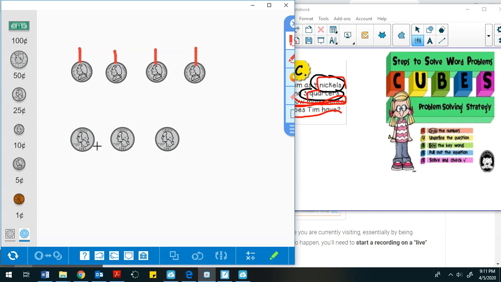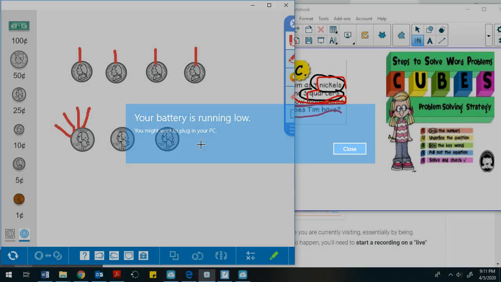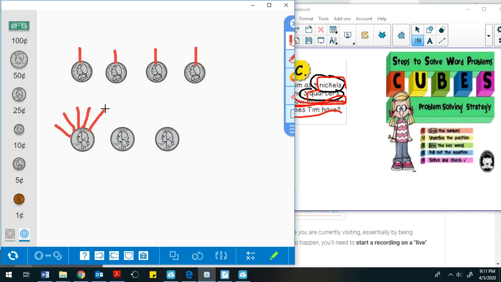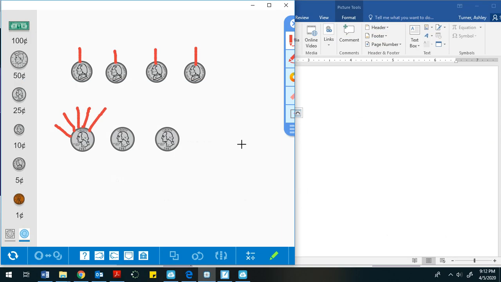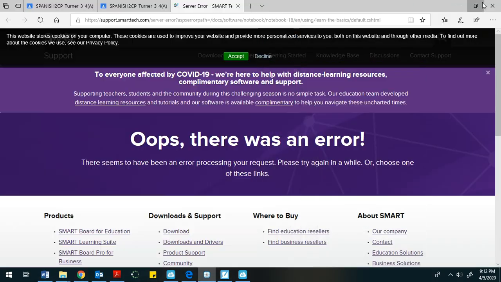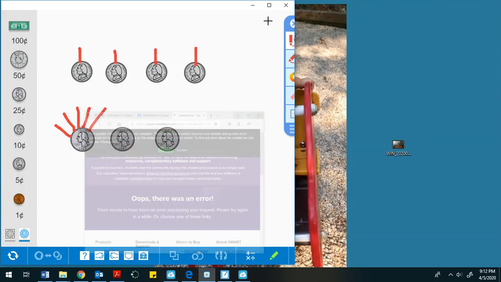Quarters are worth 25 cents. I need to count by 5s until I get to 25 to figure out how many hairs are on the quarter. 5, 10, 15, 20, 25. So a quarter has 5 hairs.